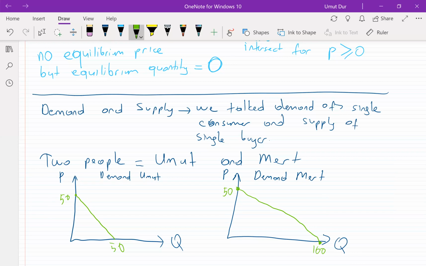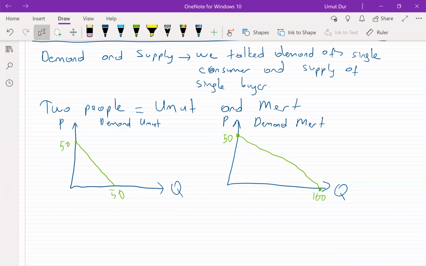So what I'm trying to show is that we have two different individuals here, and they have different demands. But I would like to see their aggregate demand.